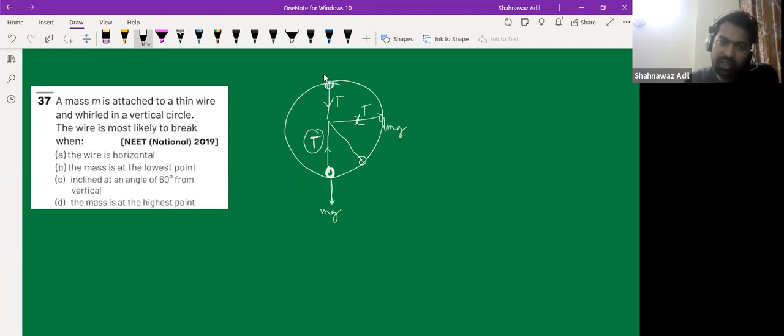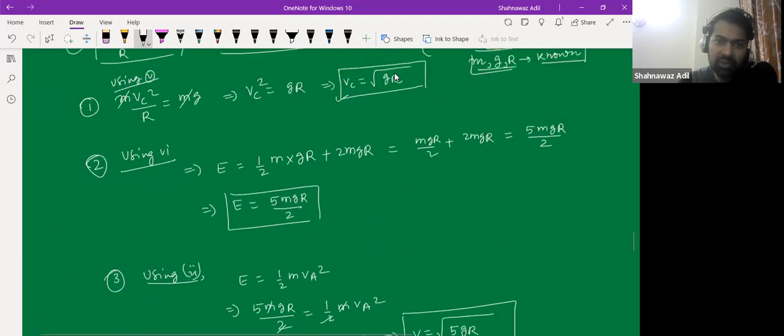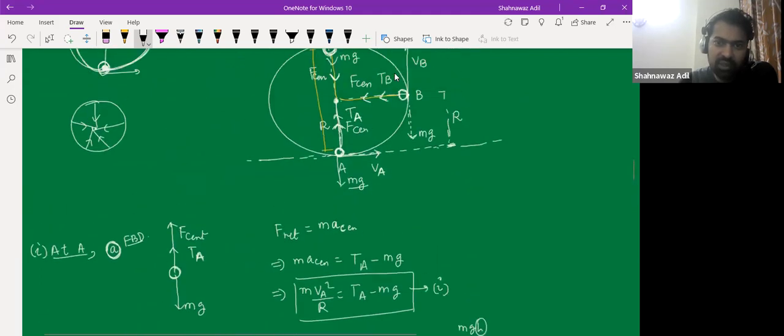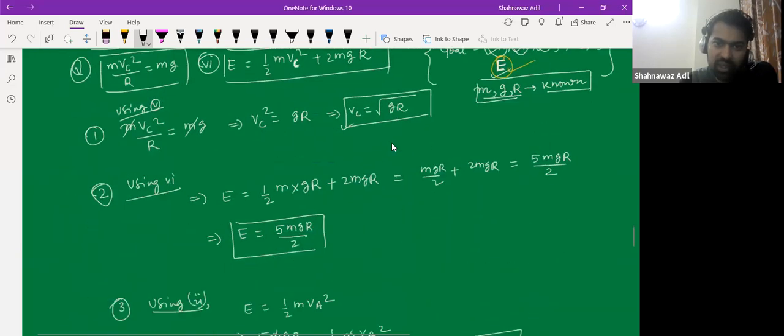Yes, sir. So then we have to find out at which point the tension is maximum. From here we can look at what were the six equations that we had, right?